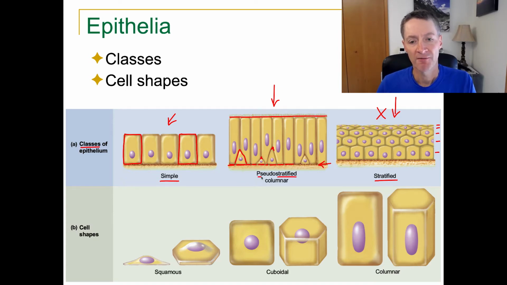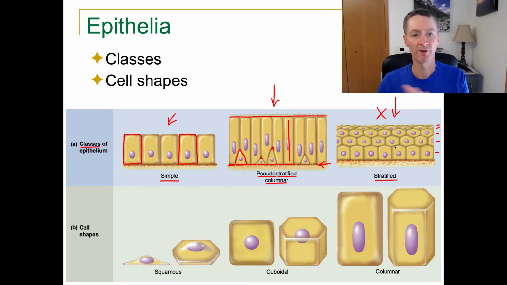So it's a false stratified layer, right? It's falsely looking stratified, pseudostratified. And here they call it a pseudostratified columnar epithelium because a lot of these cells are tall and thin like a column would be, okay? So we've got simple, we have stratified.